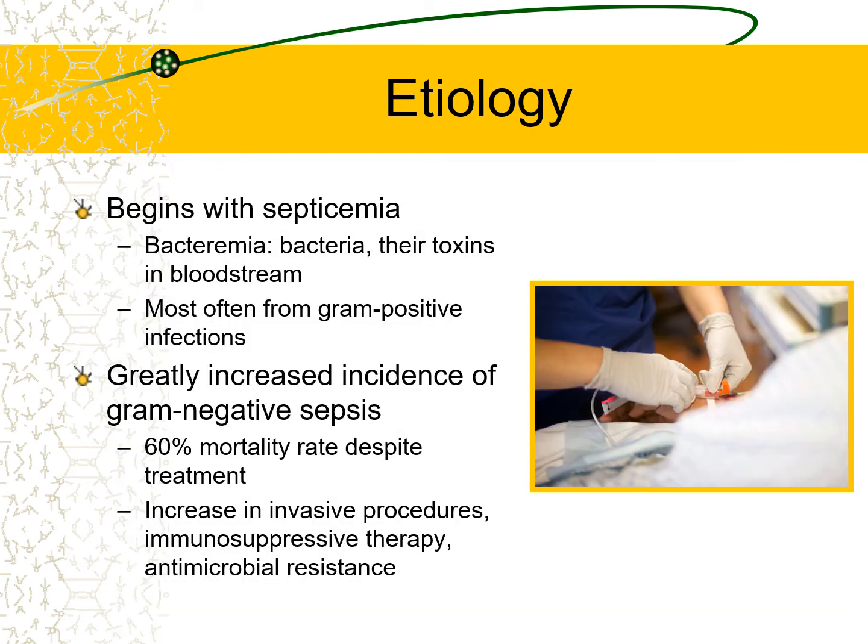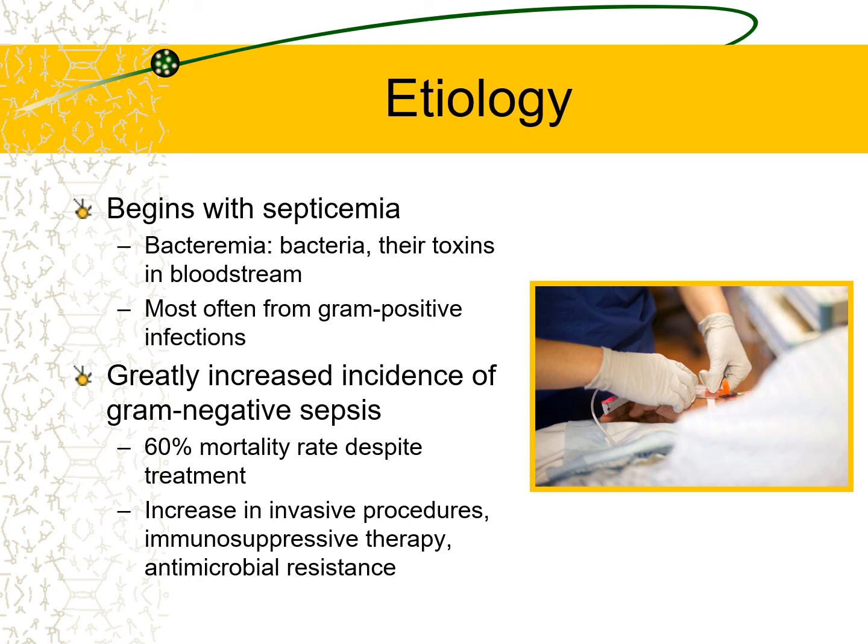Now, the cause of sepsis begins with septicemia. That is a pathogen in the bloodstream. If it's a bacteremia, the bacteria produce toxins in the bloodstream, which also lead to this sepsis.